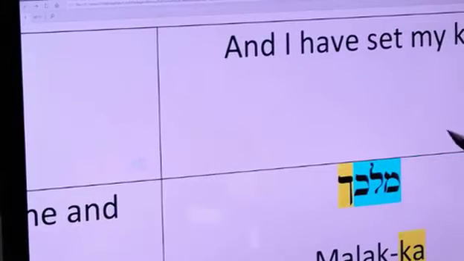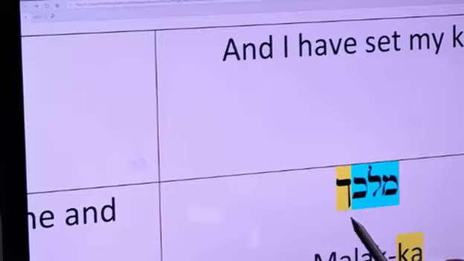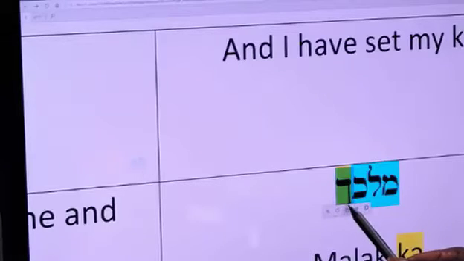This is a beautiful example because we see the ka in the position of the second to last letter, in its regular form. And then we see the suffix, highlighted in yellow, with ka in its ending form.